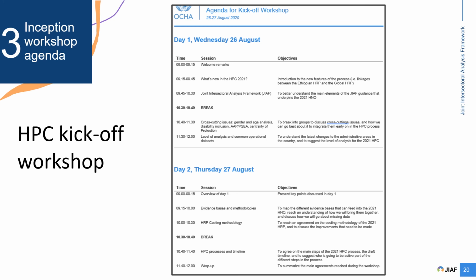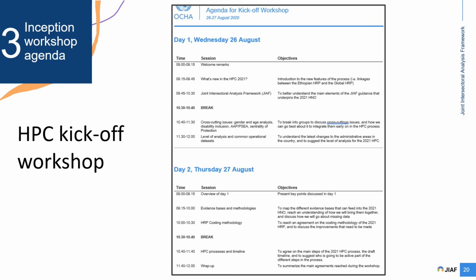In this sample, you see on the first day in the morning, after the introductions, there is a discussion on the main elements of the JIAF, and from there it continues on a discussion on cross-cutting issues and how to integrate gender, age and disability, PSEA and centrality of protection into the analysis.